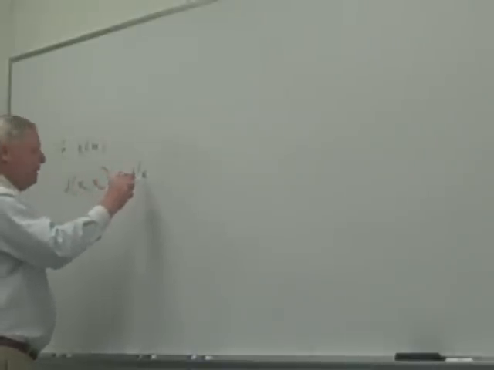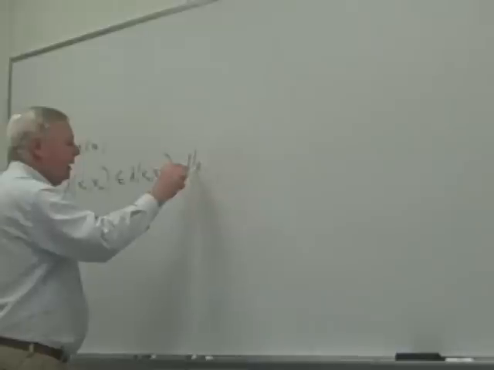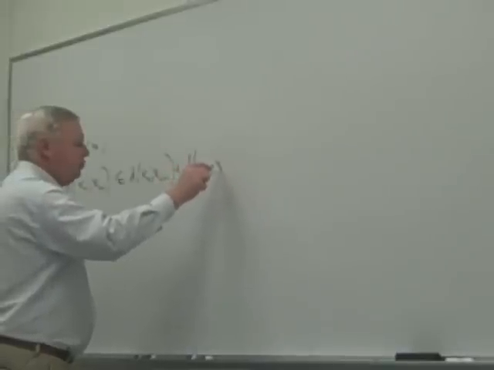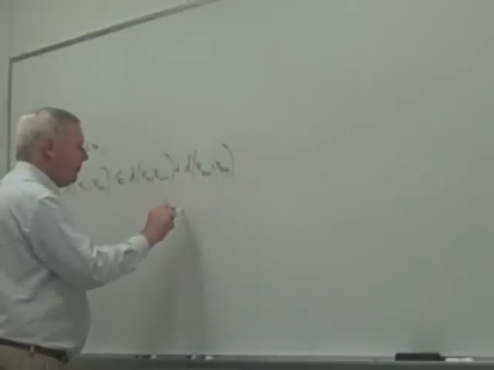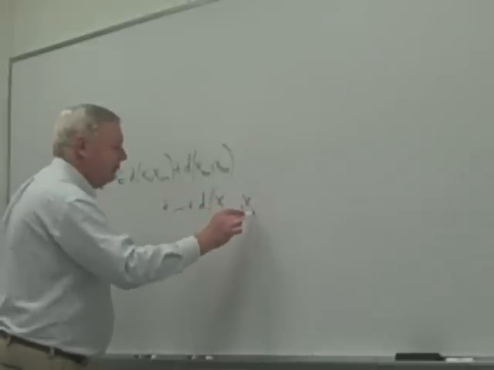So if n is less than m, the distance from xn to xm, using the triangle inequality many times, we can estimate that as the distance from xn to xn plus 1, plus the distance from xn plus 1 to xn plus 2, plus, and then the last pair will be from xm minus 1 to xm.